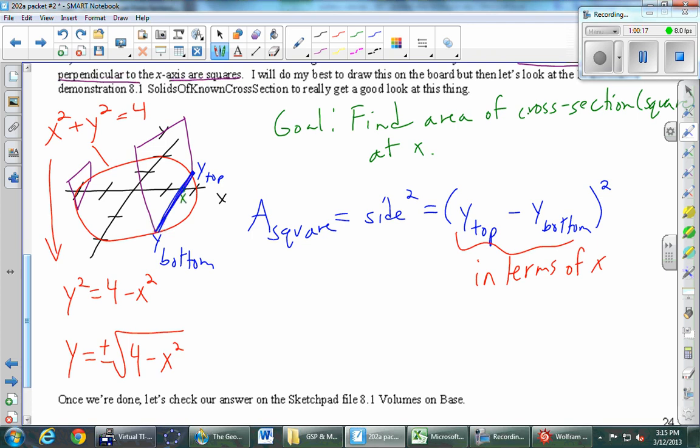So we can now fill in our formula right here. So remember, we were squaring something, so it's just a big thing squared. Y at the top is equal to root 4 minus x squared minus negative root 4 minus x squared. So we did y at the top minus y at the bottom.